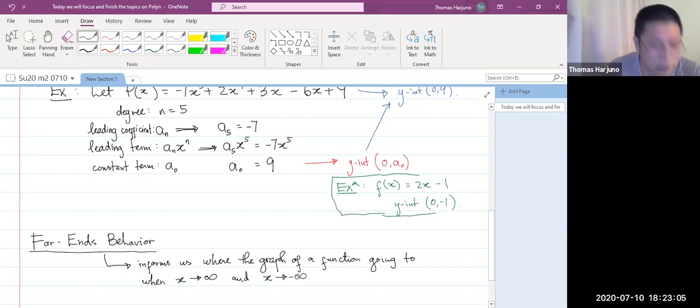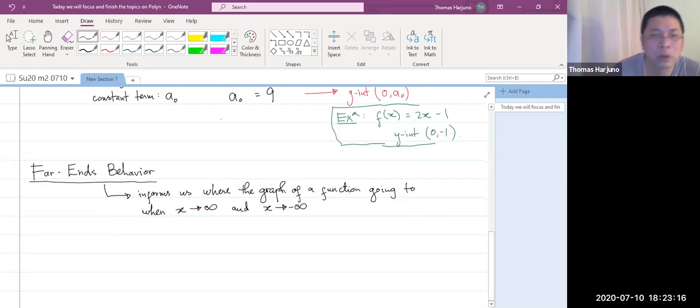This is the intuitive definition for every function, not only polynomials. So when we say far end behavior, we basically want to answer this question: as x goes to positive infinity, f(x) goes to what? As x goes to negative infinity, f(x) goes to what?